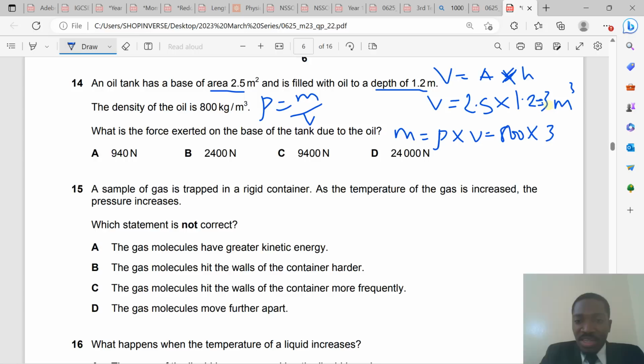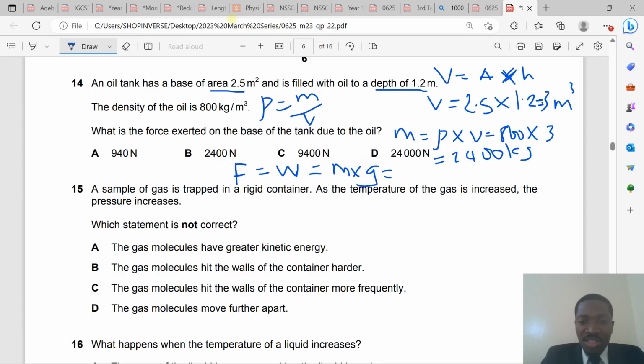Multiply 800 by 3, you get 2,400 kilogram. Now the question requests the force, not the mass. How do you get force from the mass? The force in this case is equal to the weight of the object. Weight is the force on an object due to gravity, and weight is mass times gravitational field strength on the earth.